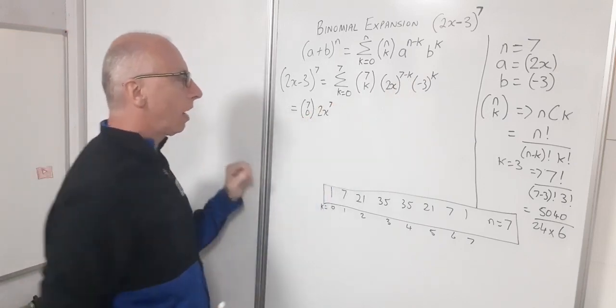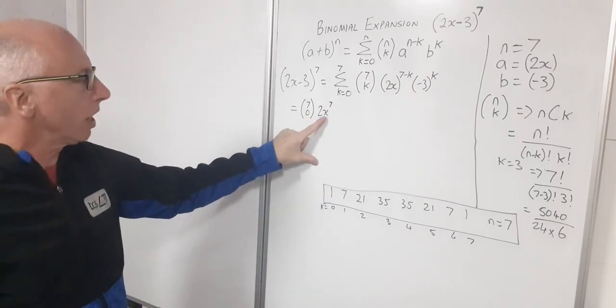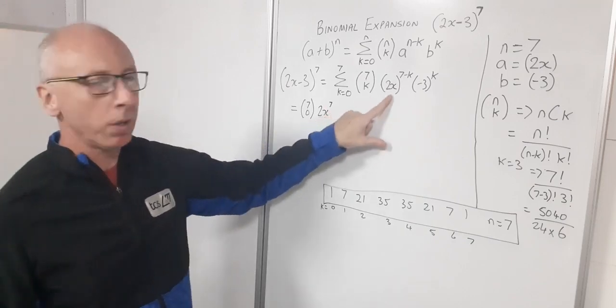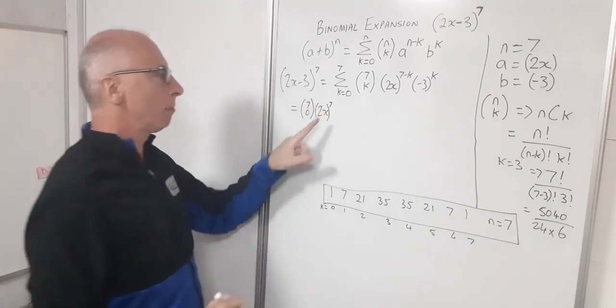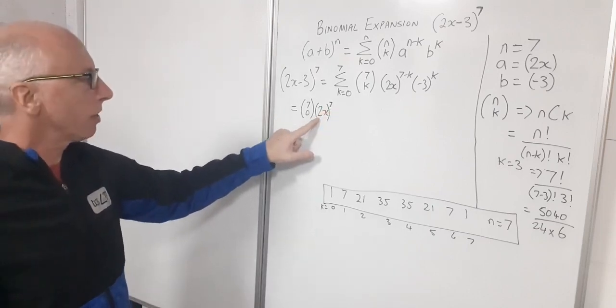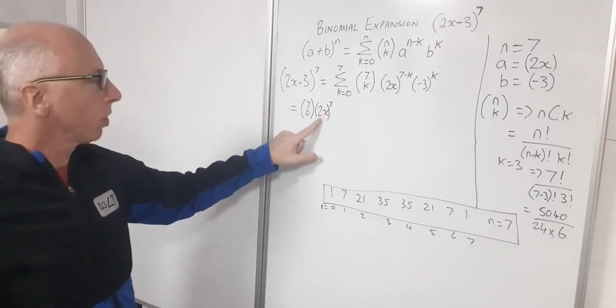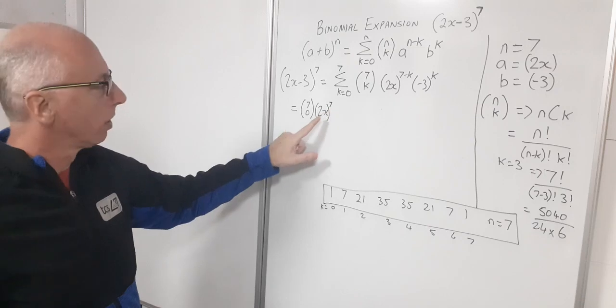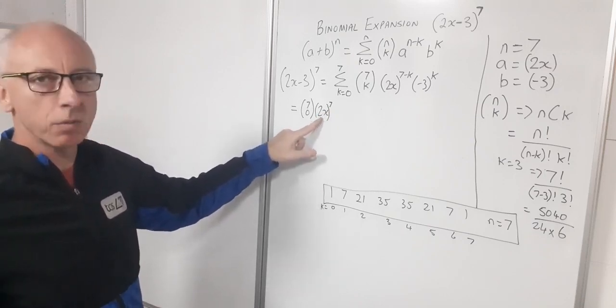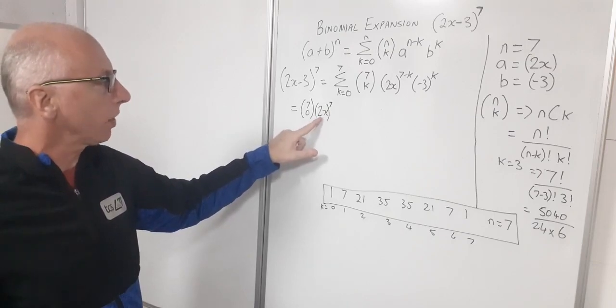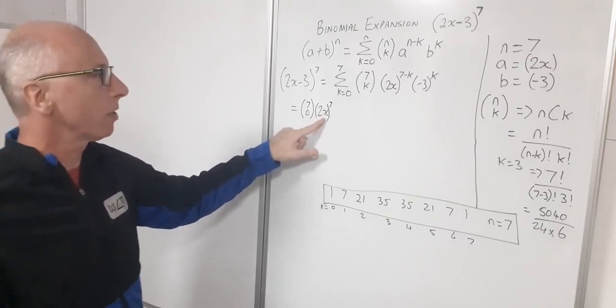Now if I leave it like that, that just looks like 2 times x to the 7. Remember I wanted to put it in brackets. If I put a bracket around it, this index also applies to this coefficient, so we've also got 2 to the power of 7, which is 128. That's too small if I just did 2x to the 7, so it's not the same thing.